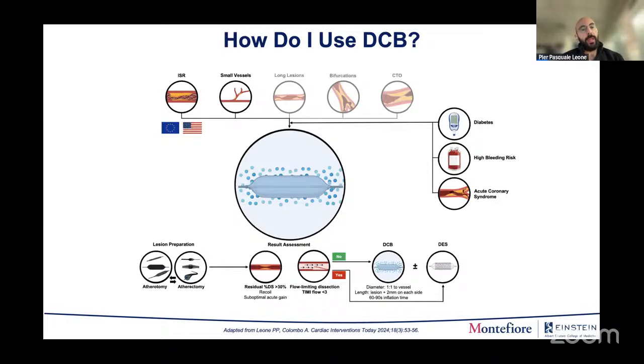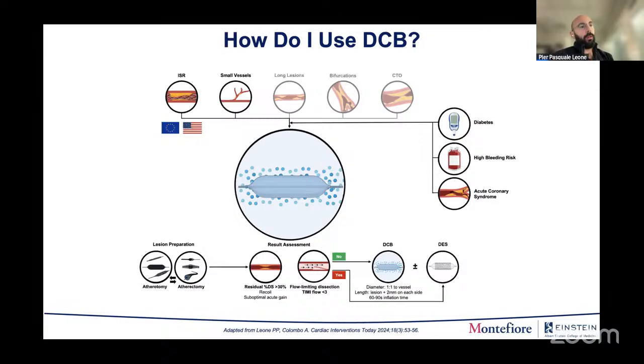So there is some other long lesion data, bifurcations, CTOs, and all of these indications in terms of angiography are really aiming to make simple what could be rather complex procedures when implementing two-stent strategies in complex calcified lesions. The reasoning behind this is to try and keep things simple.